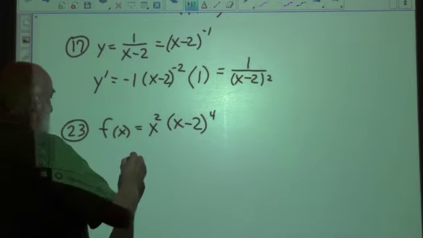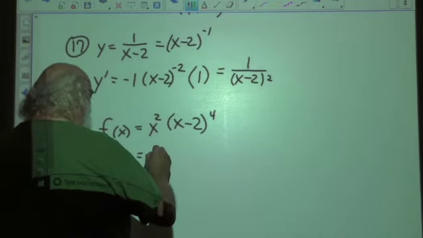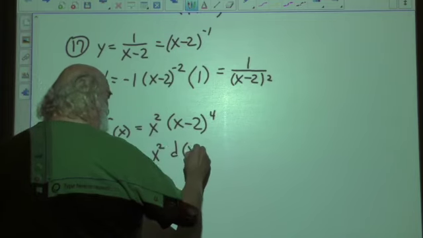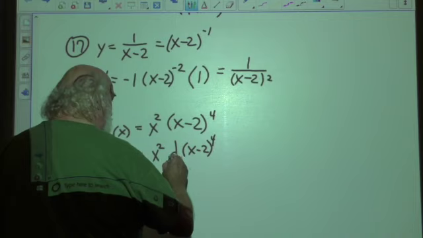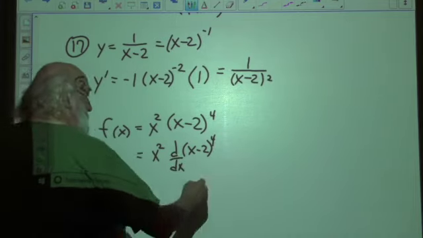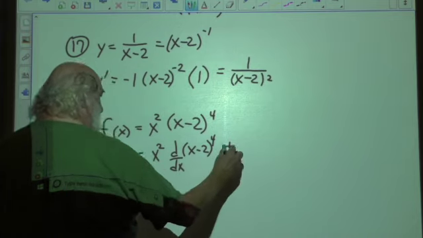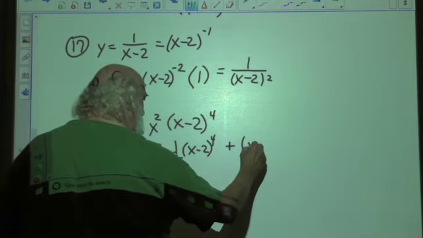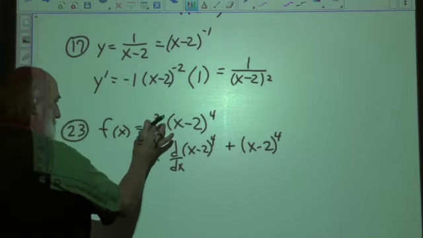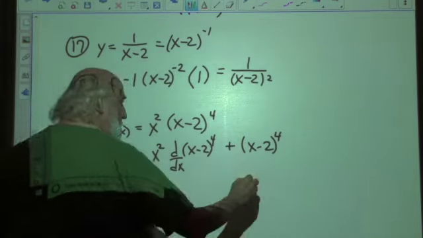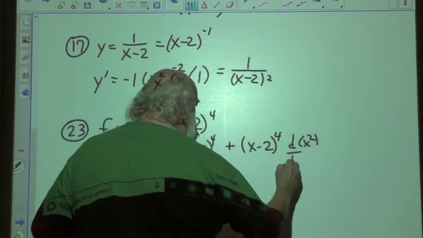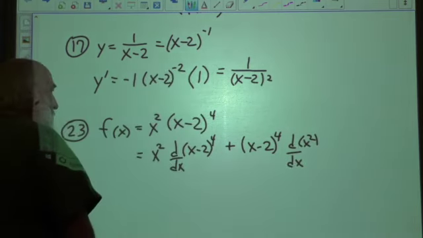So that's going to be x squared times the derivative of x minus 2 to the fourth power with respect to x, plus x minus 2 to the fourth power times the derivative of x squared. So the derivative of x squared will be 2x.